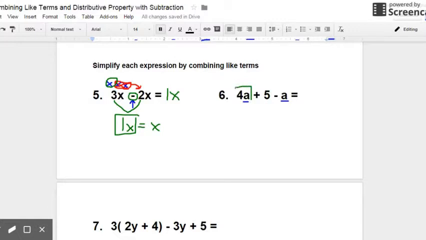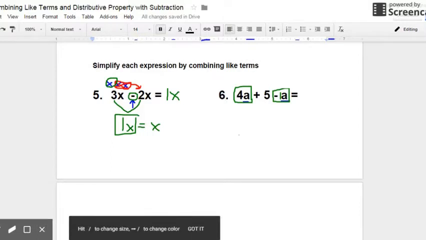If we look at this one, there's no sign in front of it, which means it's positive 4. This one has a subtraction sign in front of it. These are like terms, but this one is a subtraction of 1. Remember, there's a 1 sitting here, so that means we have to subtract. The plus right here goes with the 5. It does not go with the a. So the plus stays with the 5.